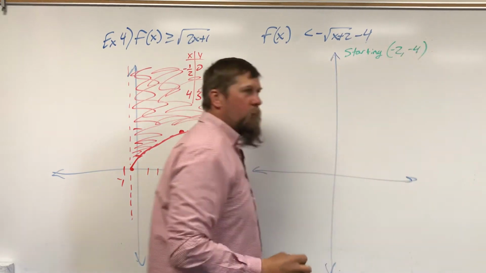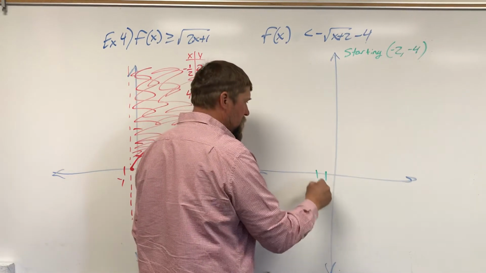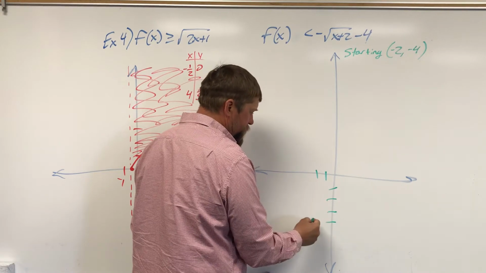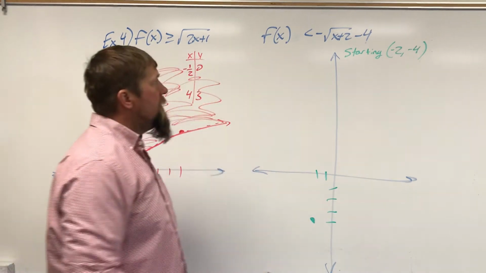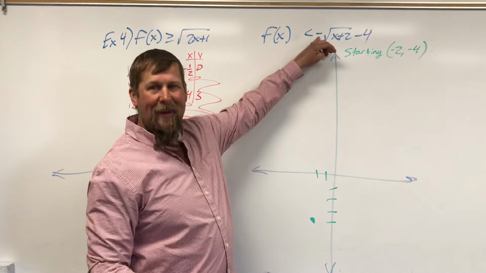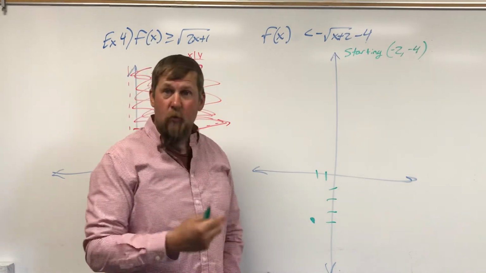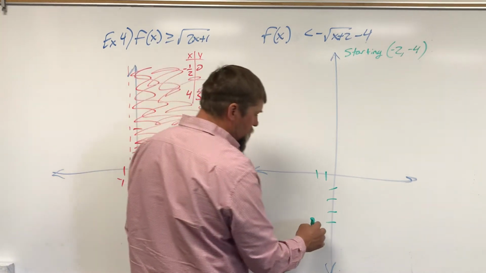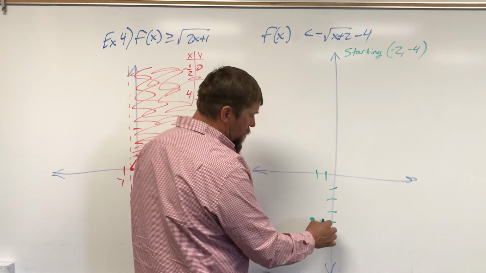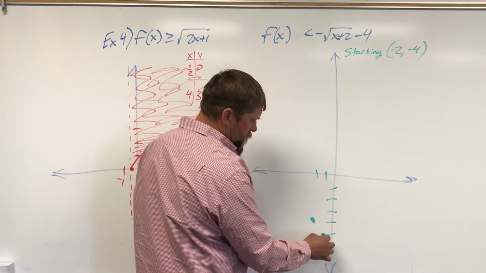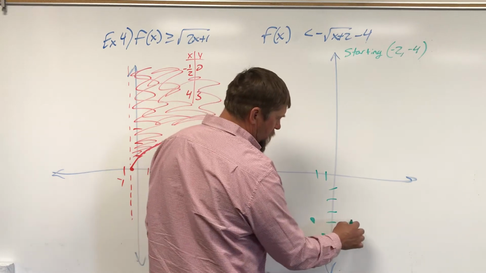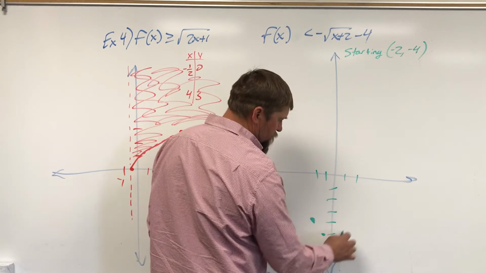So our starting point is at negative 2, negative 4. Now this time our a is negative, and that means that it goes down instead of up. So instead of going over 1, up 1, I go over 1, down 1. Over 4, down 2.